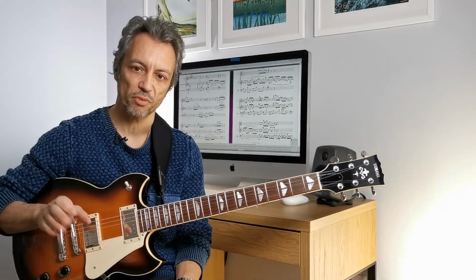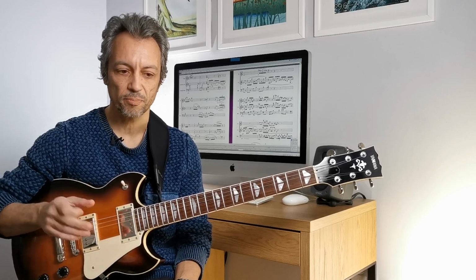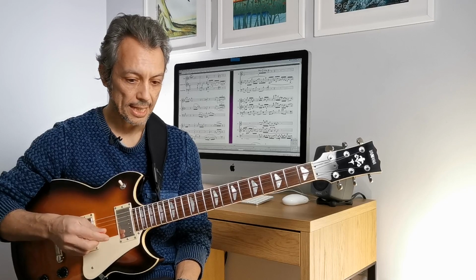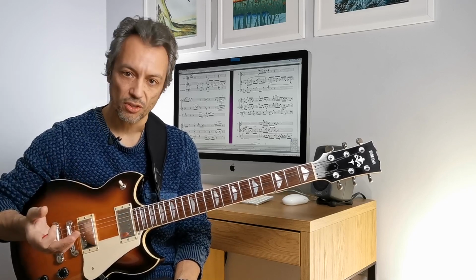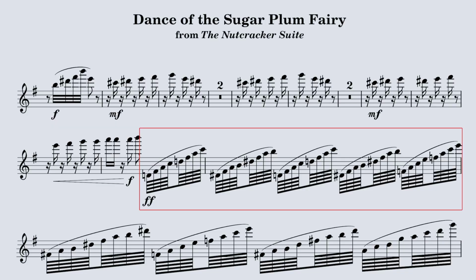For context, I'm going to provide a very basic and brief overview of its development, evolution, and subsequent use within the jazz vocabulary. An early example of its use can be found in Tchaikovsky's The Nutcracker, specifically the dance of the Sugar Plum Fairy.